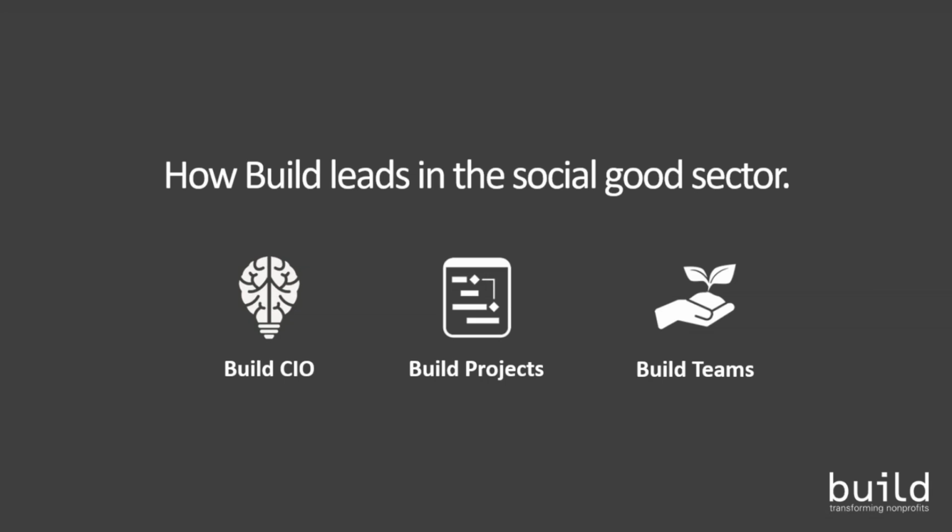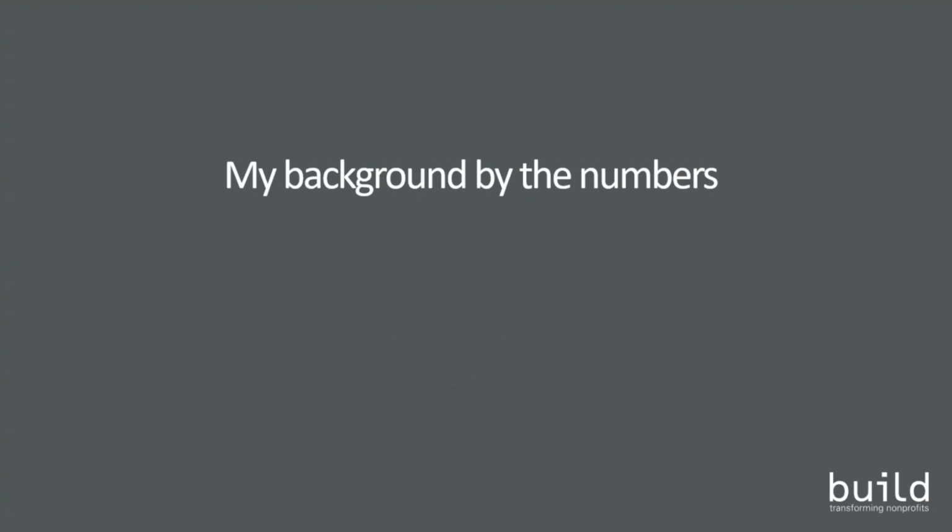My name is Peter Mirus, and I'm your presenter for this webinar. A little bit about my background by the numbers. I have 20 years of experience serving nonprofits, all manners of nonprofit organizations ranging in size from small or local to enterprise global nonprofits across a variety of different industry categories and mission orientations.